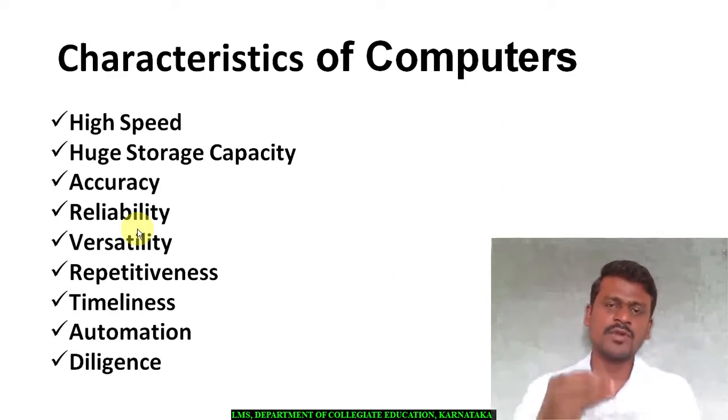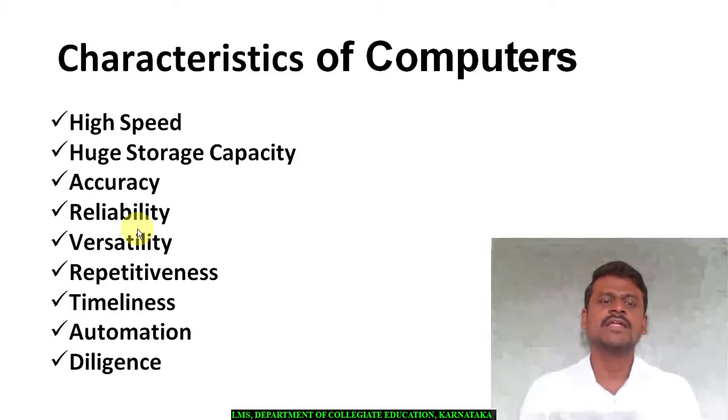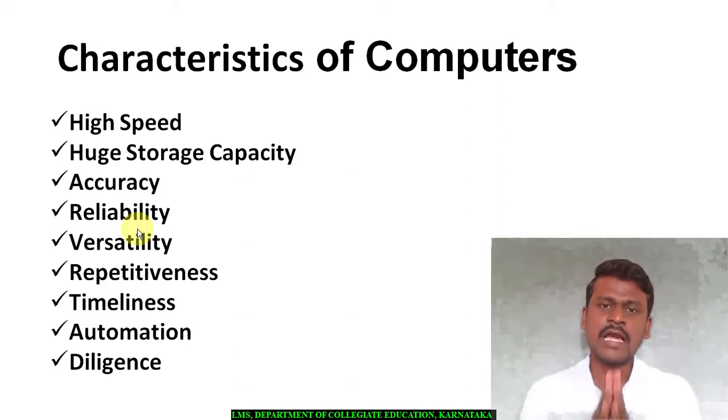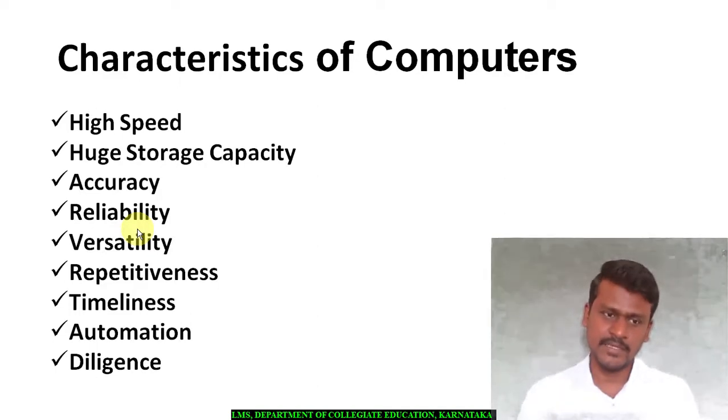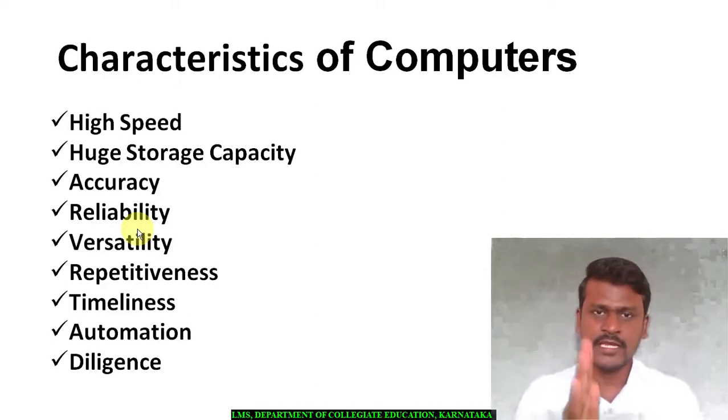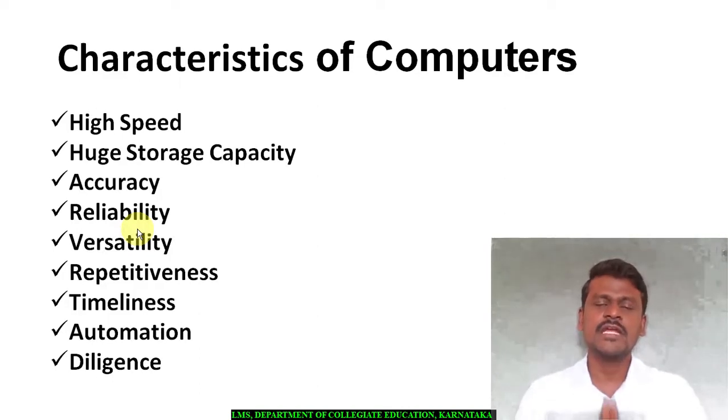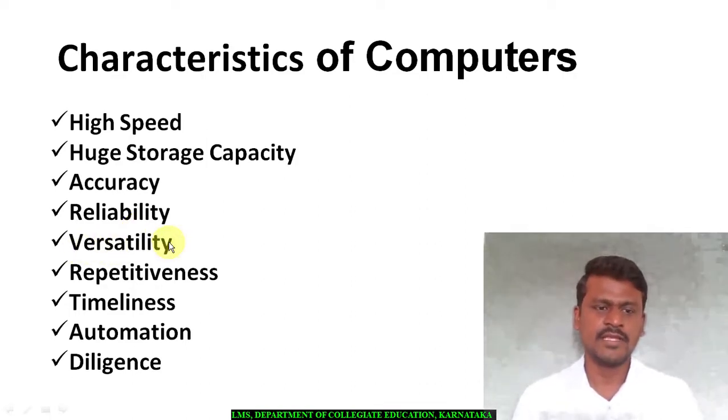But if you write the program correctly, then it will give you the correct result and it will be 100% reliable, right? If the program is written correctly and kept in the computer, it will give you the 100% result all the time and it will be very reliable.